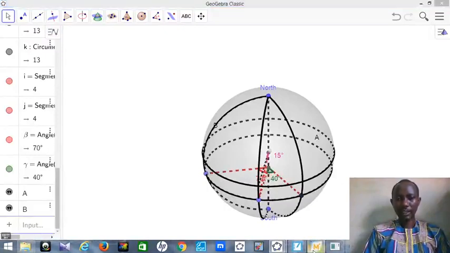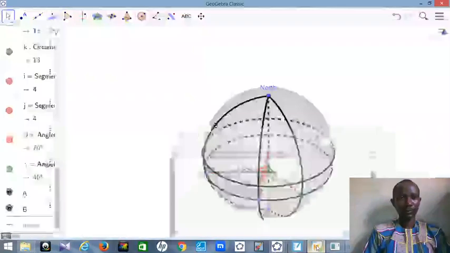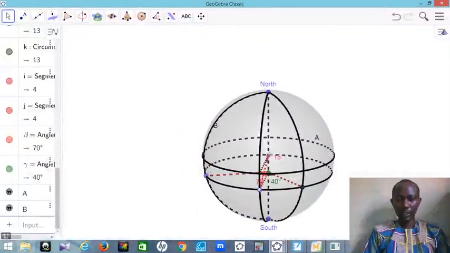Then the second angle is 90 degrees east for Q. So the first point P, we have already located it, which is 15 degrees south. You can see it from the reference downward, 15 degrees south, then 40 degrees east.